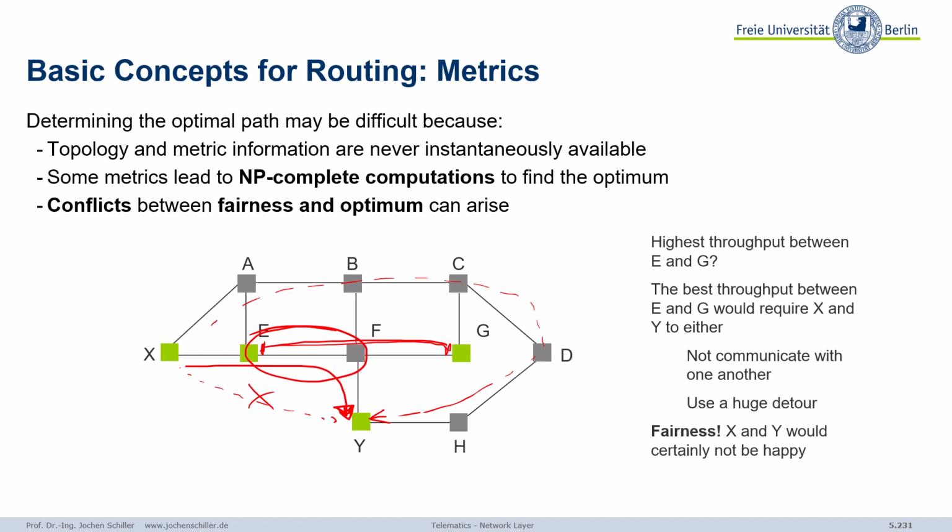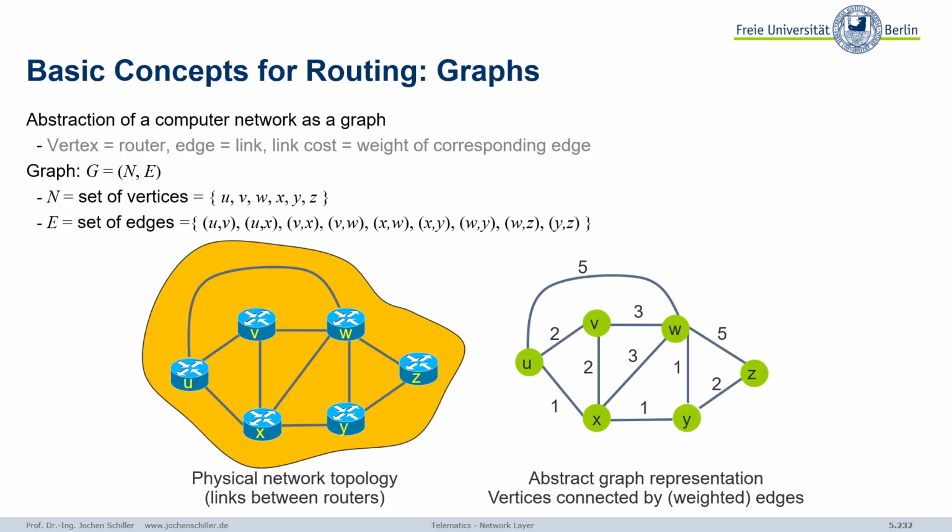Some basic concepts you may know from more theoretical computer science. If we look at the physical network topology, we can consider our routers as nodes in the network, or vertices. They are connected by our links, layer 2, you remember.